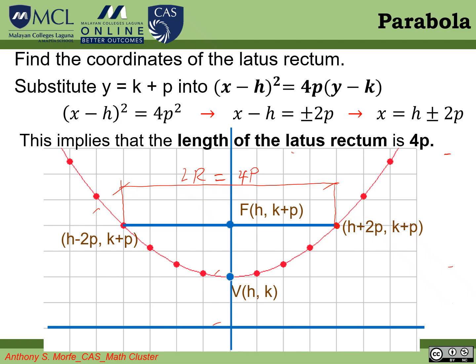Any question? You can check that one, class. So this length, from here, is h minus 2p, then from here, this is h plus 2p.